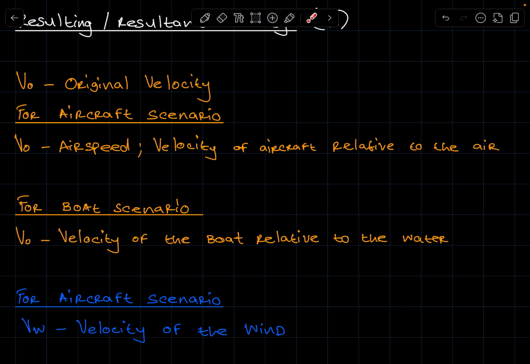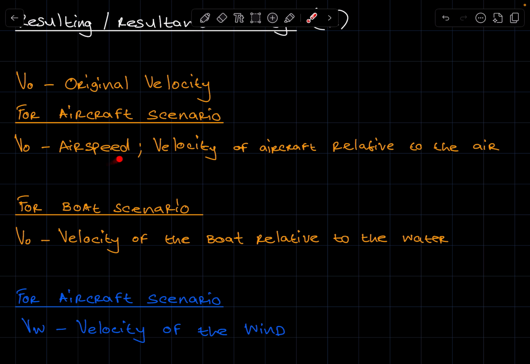Now, I just want us to look at how we denote the two velocities, VO and VW, based on the kind of scenario that we're looking at. So, for instance, for an aircraft scenario, VO will be the airspeed.